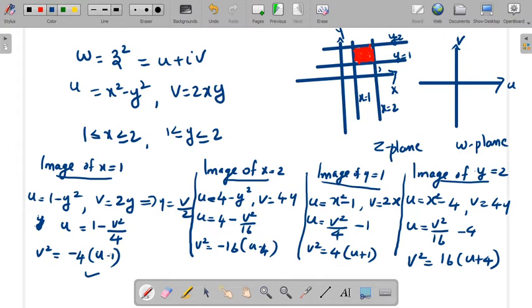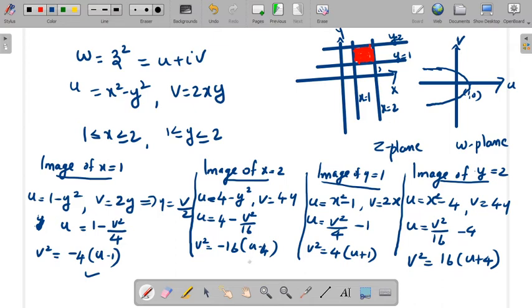And from this expression u minus 1, we get the vertex is 1, 0. So the first one is a parabola whose vertex is 1, 0, open towards the left of the u axis. So we get a parabola like this.